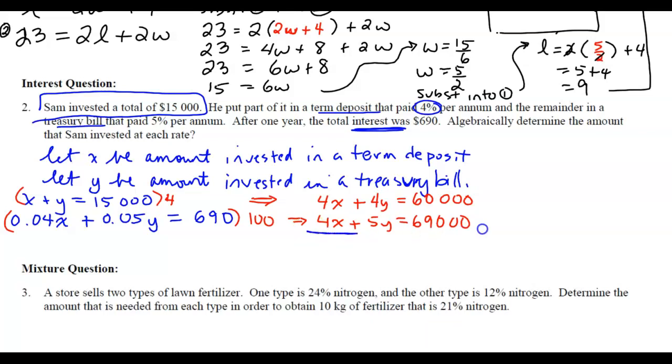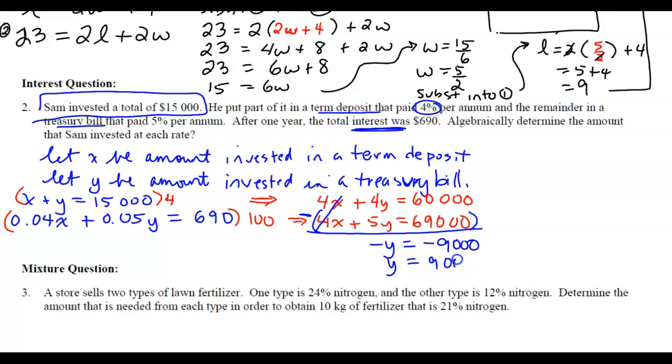Now, because they're the same, I need to subtract the equations to eliminate the X terms. So when I subtract those, the X terms go away. Then 4Y minus 5Y is negative Y. And 60,000 minus 69,000 is negative 9,000. And so divide by negative 1, you get positive 9,000.